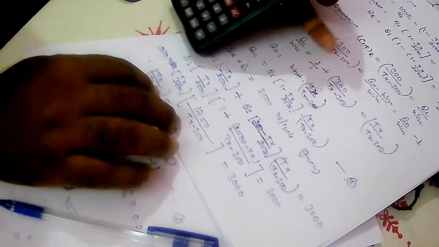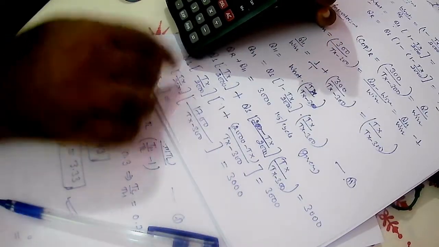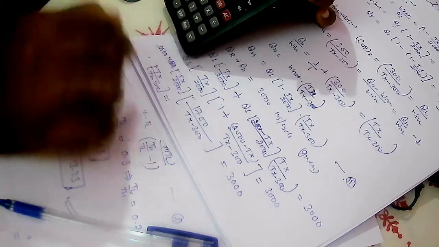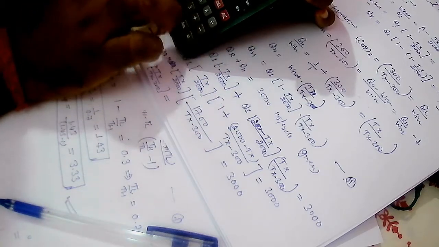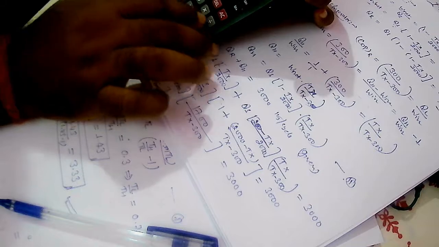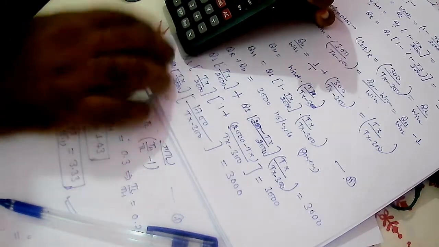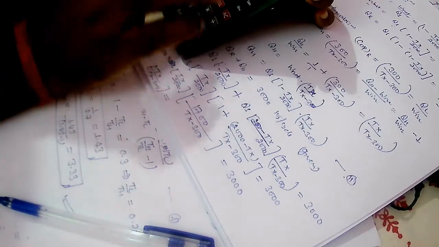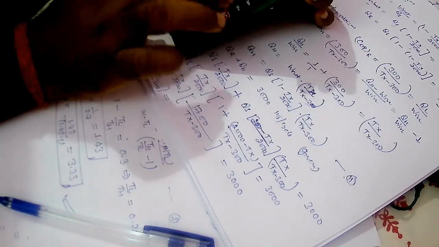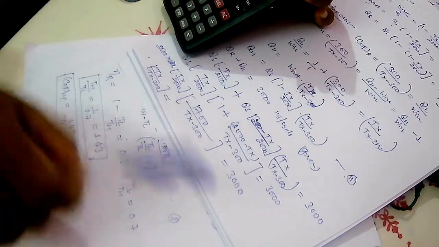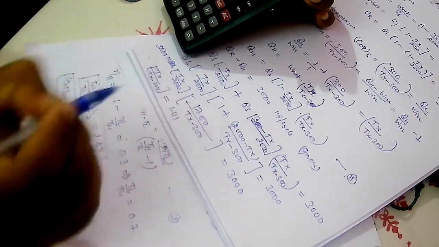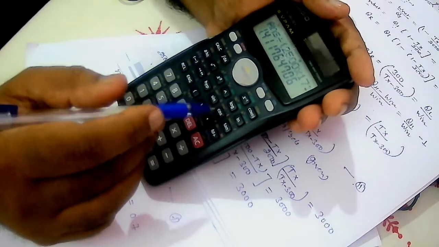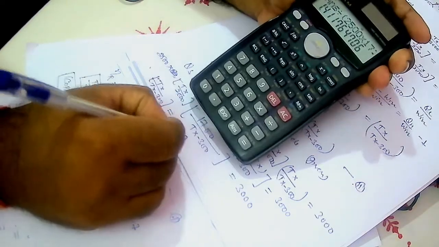I will directly solve 3000 multiplied by 2000, divided by 2500 multiplied by 1700. So I'm getting 1.4117, 1.412.